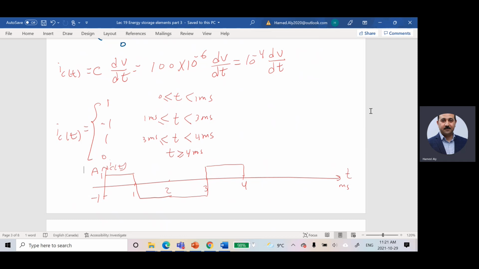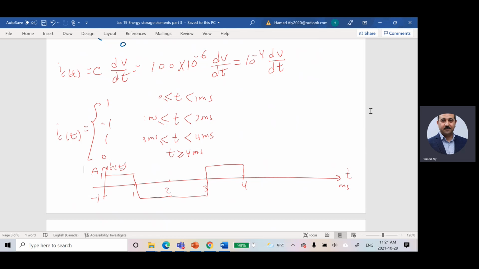So our next class will be, what about if I have R and L? We covered R only, only L, only C. What about if I have R and L in the circuit? What about R and C in the circuit?